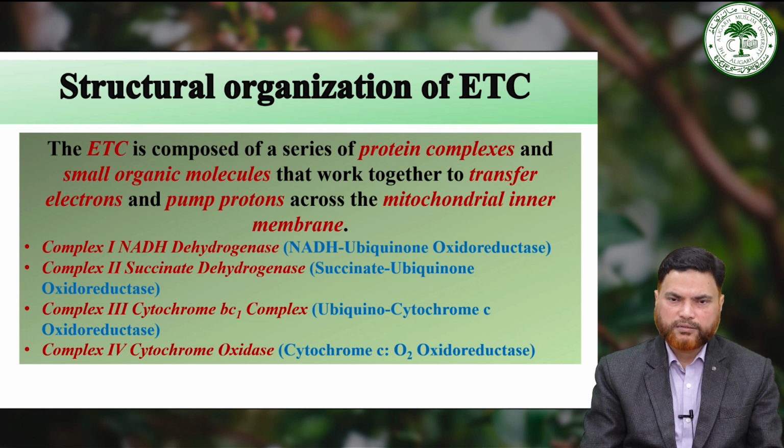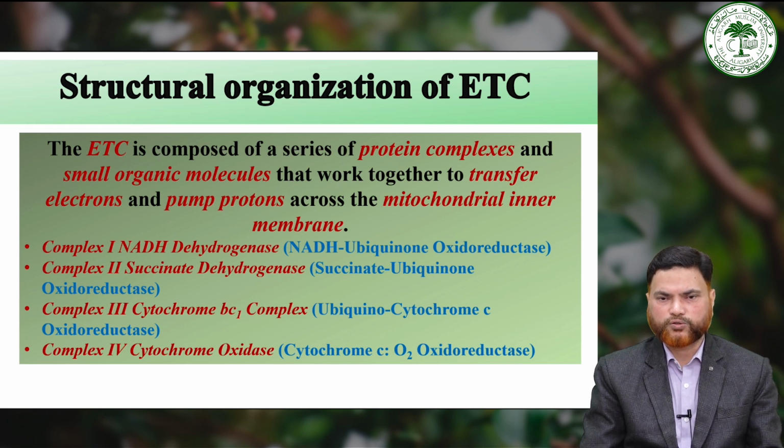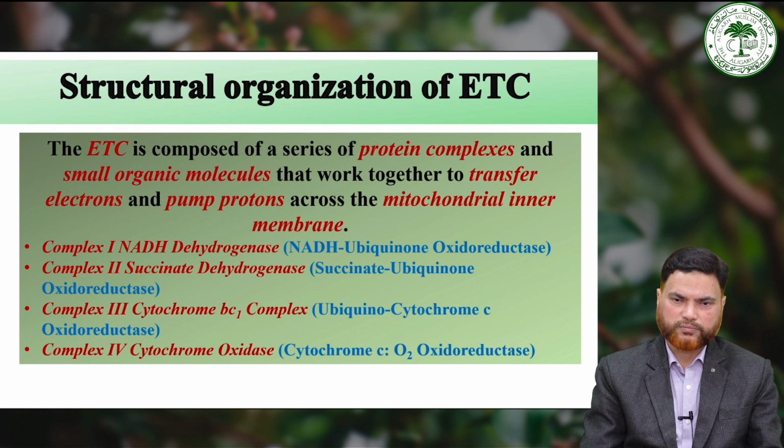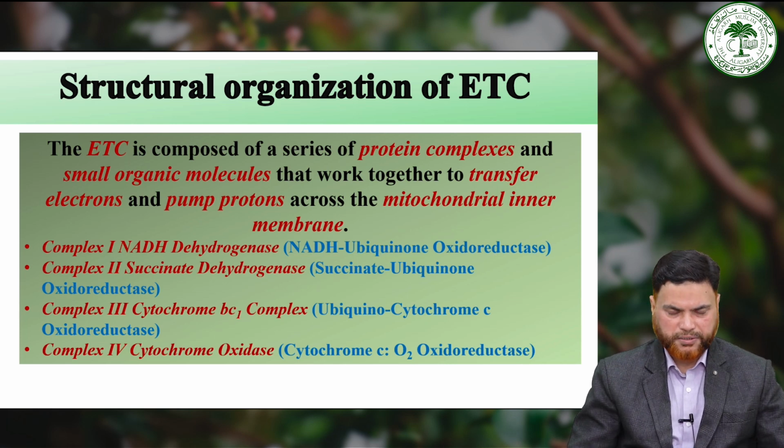And complex 3, known as cytochrome BC1 complex or ubiquinone cytochrome C oxidoreductase, further drives the electron transfer, while complex 4, known as cytochrome oxidase or cytochrome C oxygen oxidoreductase, culminates the process by reducing oxygen to water, and this enables the final step in the synthesis of ATP. Together these complexes form a very intricately choreographed system essential for the efficient production of cellular energy.